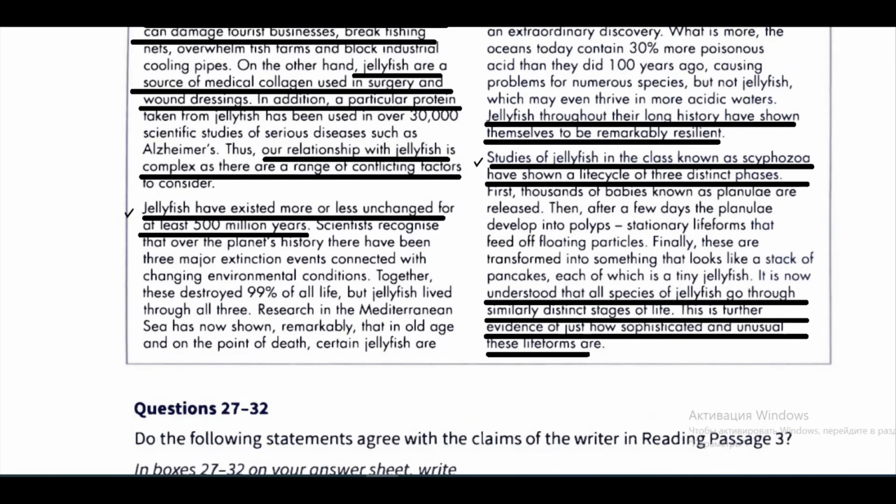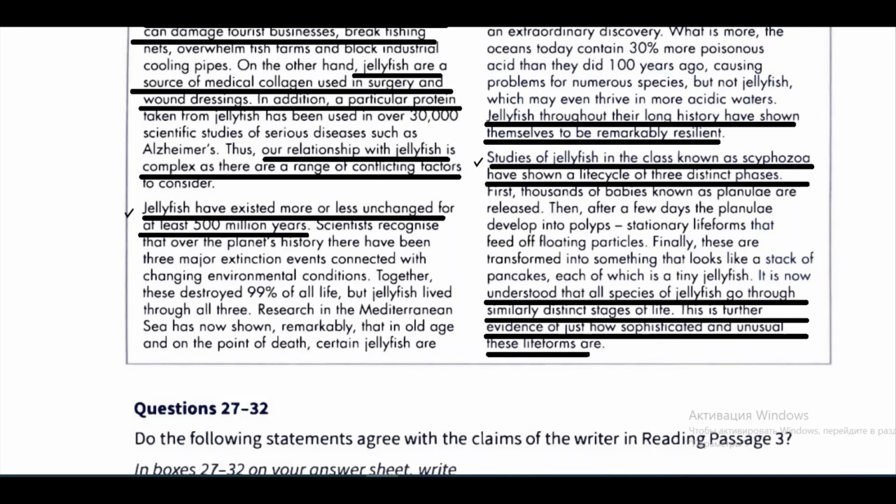I've already highlighted the first and the last sentences. Studies of jellyfish in the class known as Schizozoa have shown a life cycle of 3 distinct phases. It is now understood that all species of jellyfish go through similarly distinct stages of life. This is further evidence of just how sophisticated and unusual these life forms are.